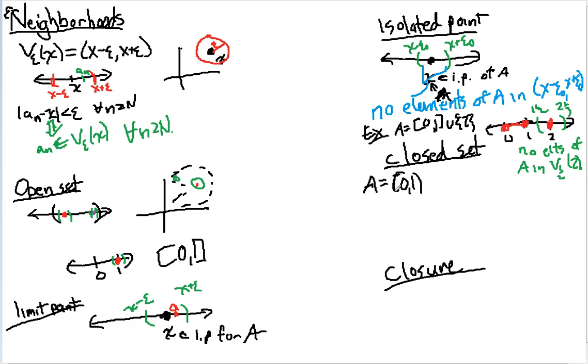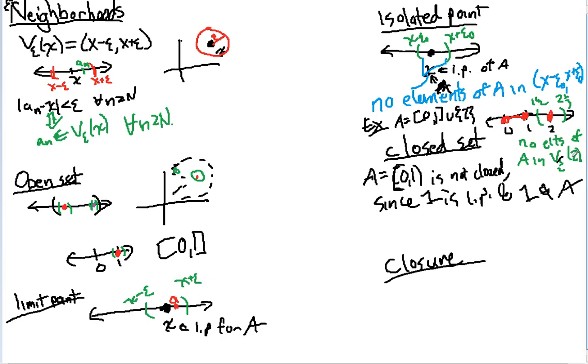In fact, let's make this the half open, half closed interval, which is not closed, since 1 is a limit point and 1 is not in A. So that is not closed.